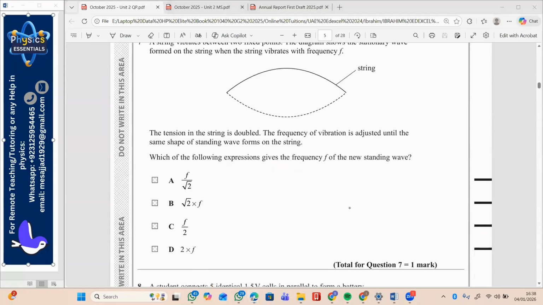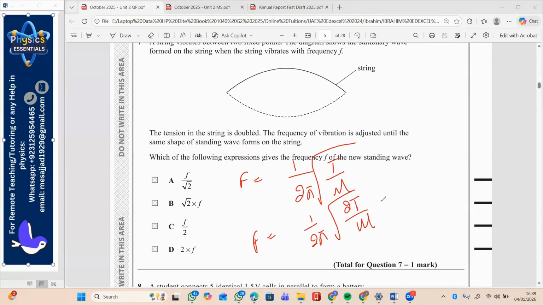So first of all, see what is the formula for the frequency of standing waves in a stretched string? Because when you have a stretched string, you have a tension. And this is the formula. Now they're saying you have double the tension. So when you double the tension, you have to put this.